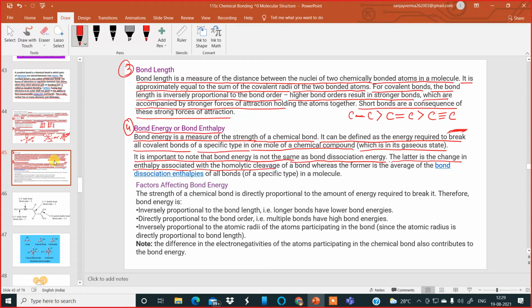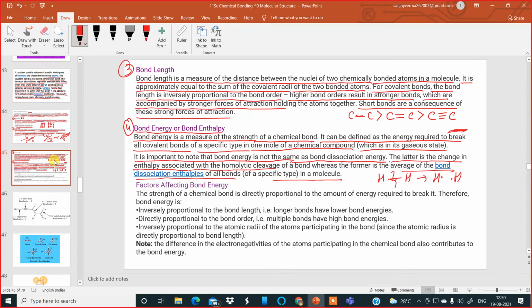If you break a hydrogen molecule homolytically to form radicals, that is a homolytic cleavage of a bond, whereas the former is the average of the bond dissociation enthalpies of all bonds of a specific type in a molecule. So these are the four important bond parameters associated with covalent bonds.